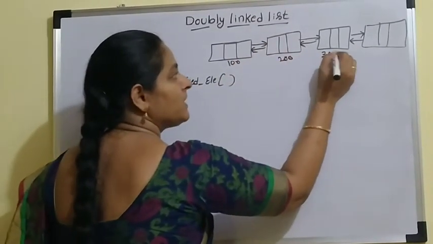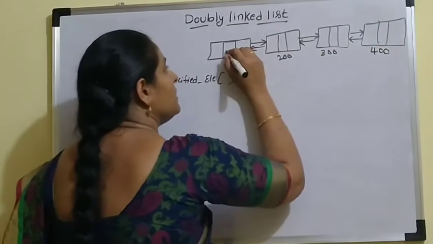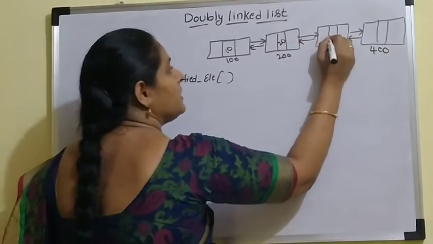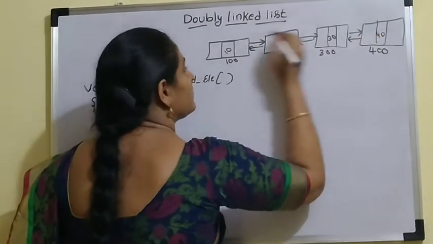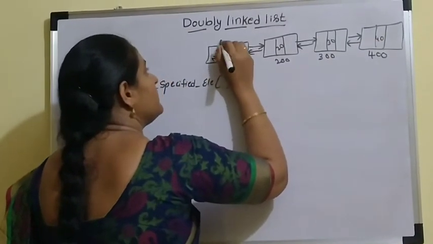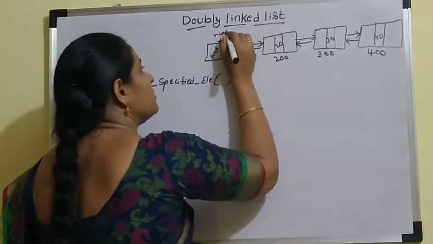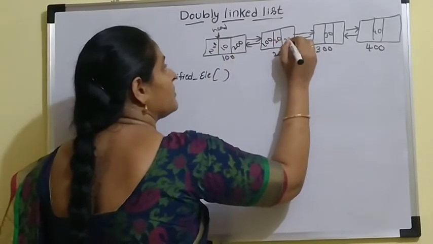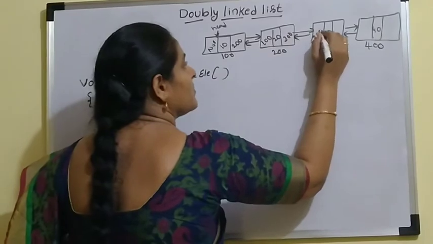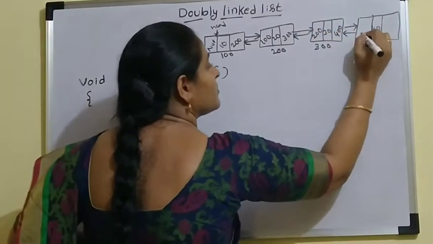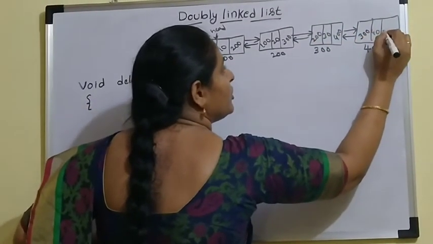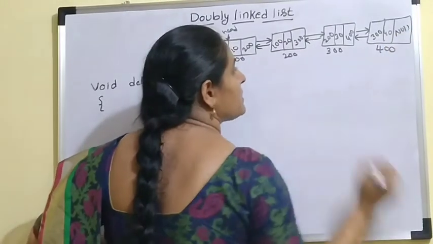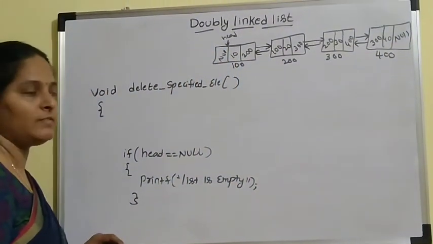Just assume that there are 4 nodes in our list, 10, 20, 30. 10 is the first node, head node. And 40 is the last element in our list. So last element, the next part contains null value.